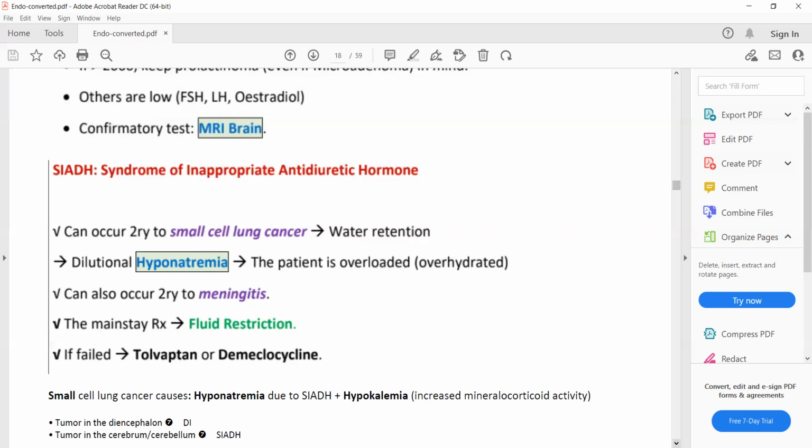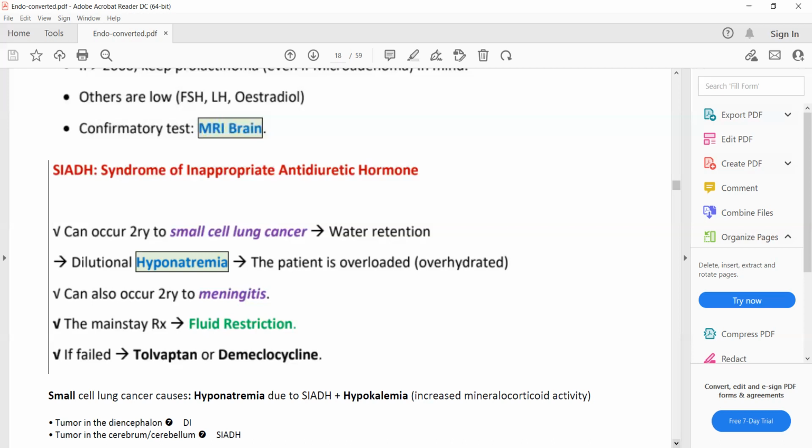So SIADH, what is SIADH? In SIADH, there will be excessive secretion of antidiuretic hormone. And excessive antidiuretic hormone will lead to excessive reabsorption of water from urine. Excessive reabsorption of water will lead to fluid overload and dilutional hyponatremia.